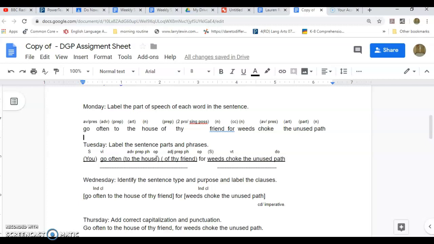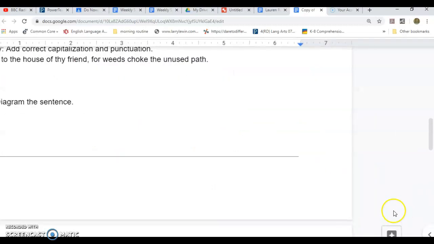So that makes this an adjective. So this is an adjective prepositional phrase. So then you're going to do the same thing on the other side. You're going to identify the subject, which is weeds. Verb. You told me the type of verb is transitive, choke, and then the direct object of choke is path, right? So, oh, it's getting easy now.